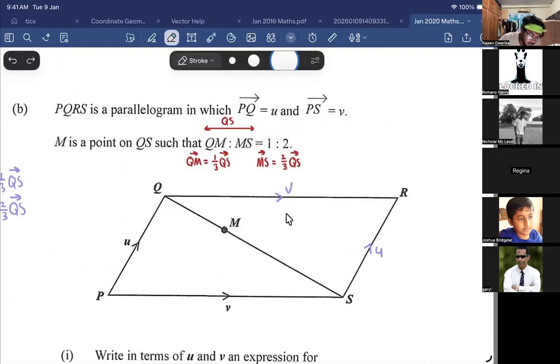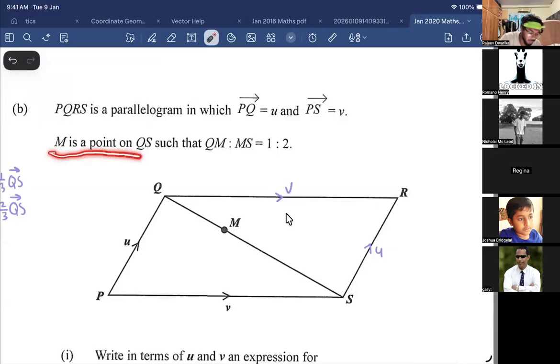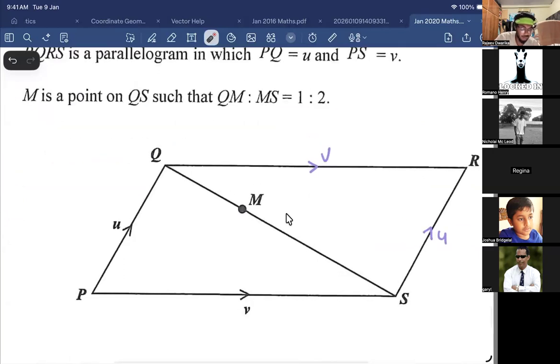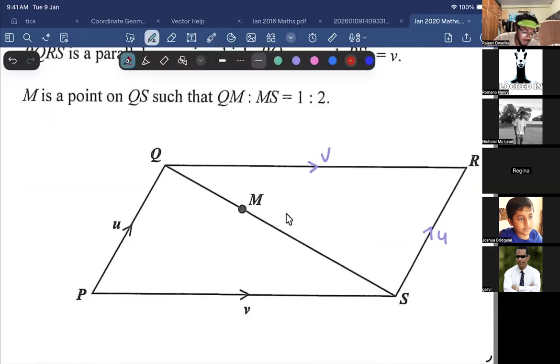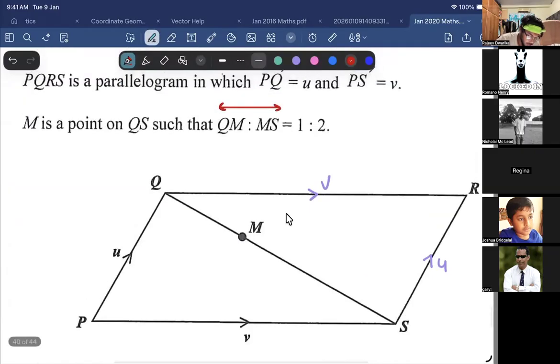All right. So Joshua, they said here that M is a point on QS such that QM to MS is 1 to 2. What does that mean? That means they're splitting up QS. To figure out how many parts they're splitting QS into, you add the ratio. So Joshua, what is 1 plus 2? 3. Okay, I'm going to write the ratio here.